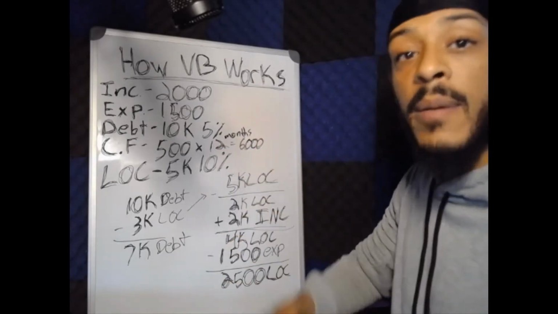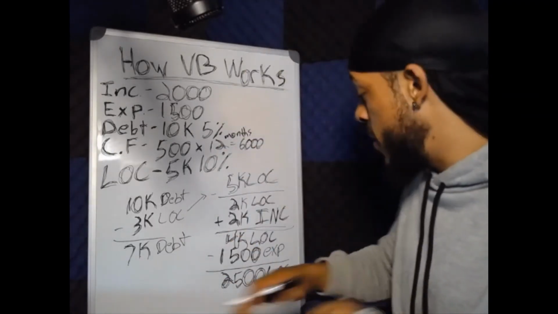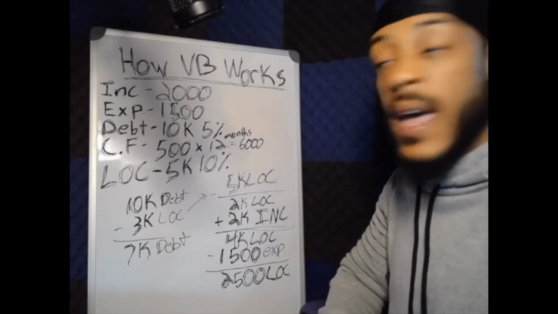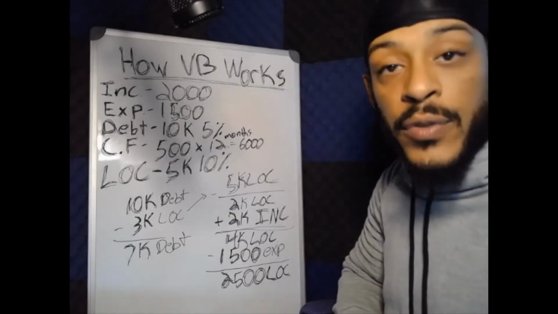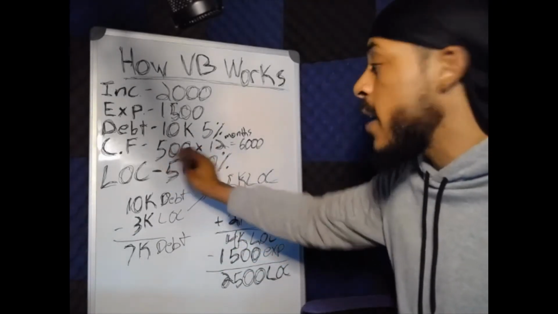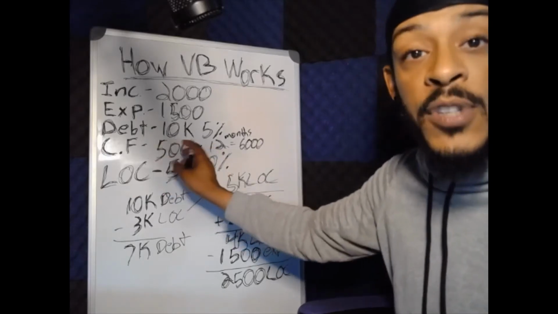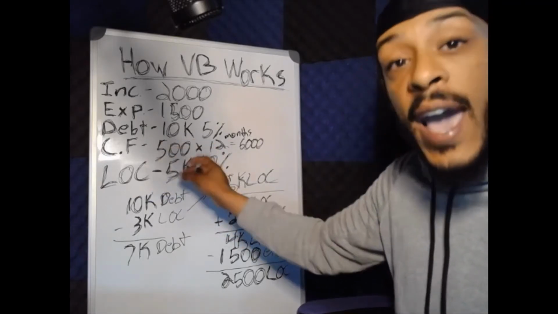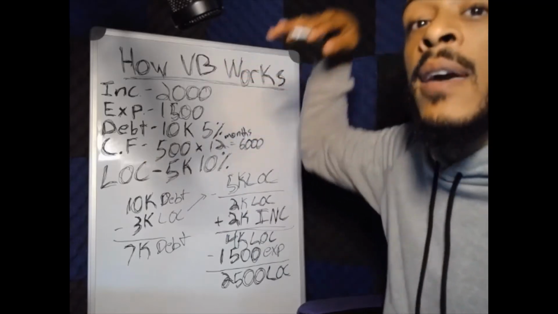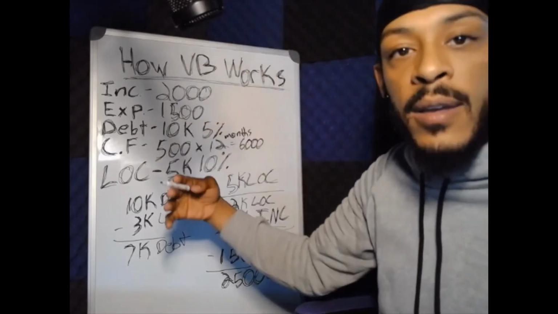Second month after that brings the balance up to 3,000. Third month after that brings the balance up to 3,500 because your $500 cash flow, I'm sorry about that, your $500 cash flow is paying down your line of credit.